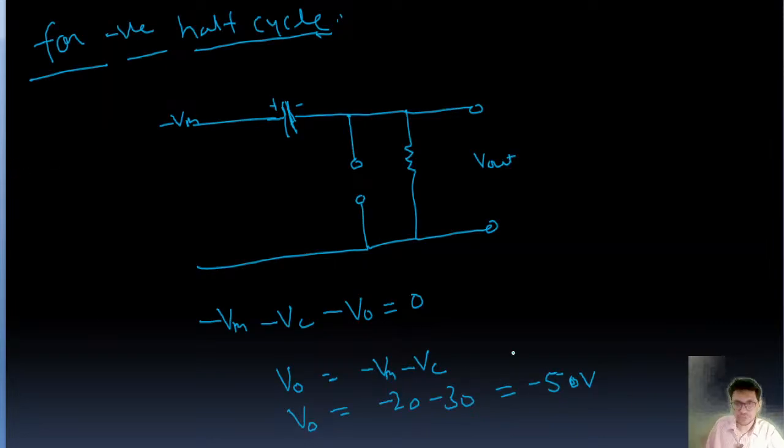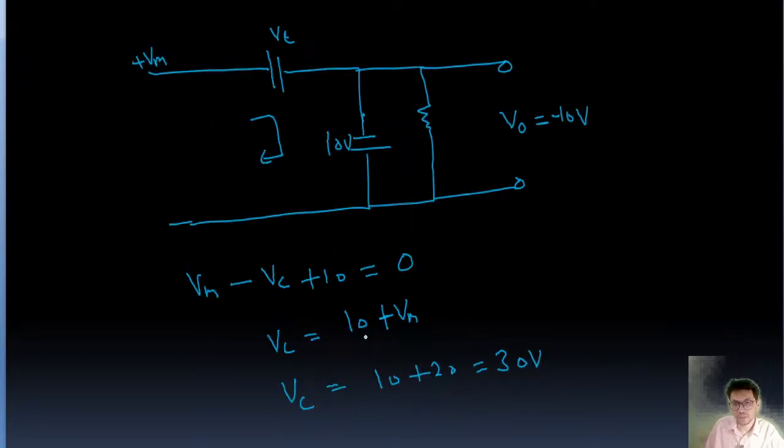So in that case we have got V0 as minus 50 volt, and also we have got that Vc, that is 30 volt. So the output waveform is going to be like this.